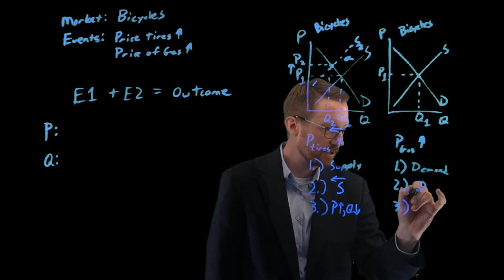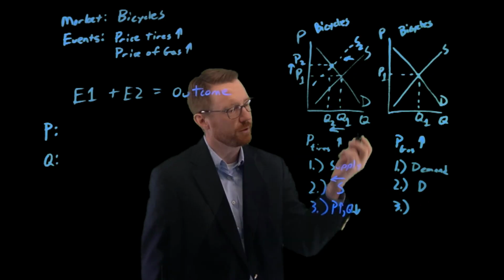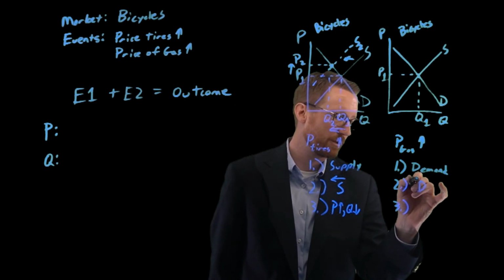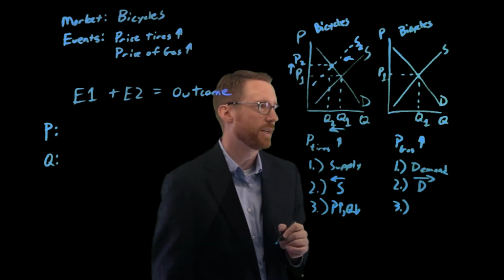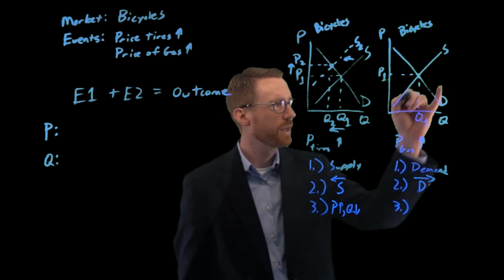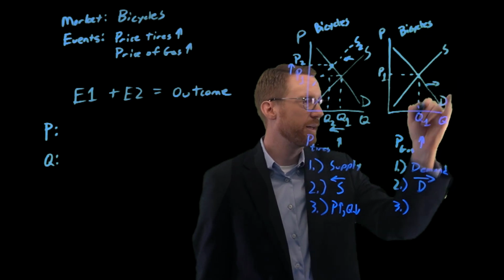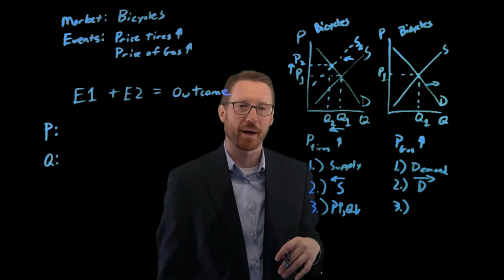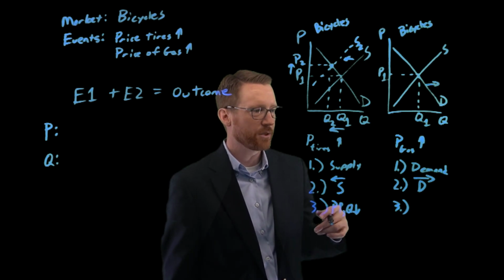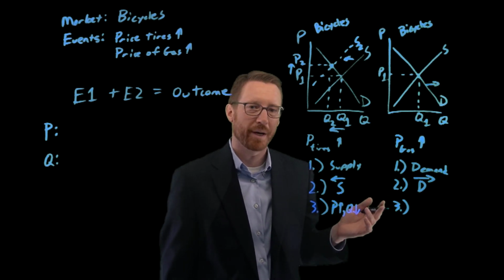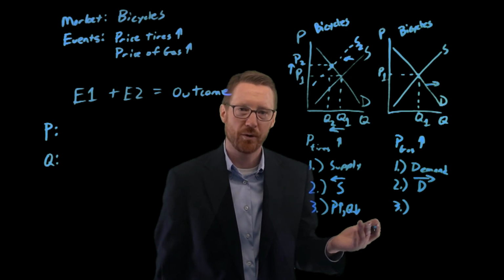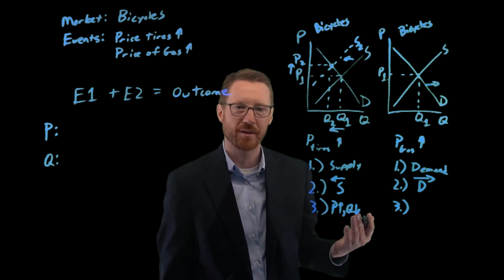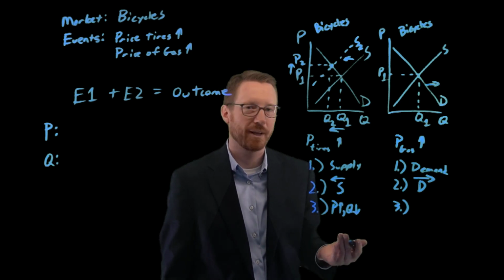All right, what happens to the demand for bicycles? Well, if the price of gas goes up, more people are going to want to buy bicycles, so demand is going to increase. It's going to shift to the right. So demand is increasing. At every price of bicycles, people are going to want to buy more of them. If the price of gasoline goes up, more people are going to want to buy inexpensive bicycles to commute as an alternative to driving their car. More people are going to want to buy expensive bicycles as alternative entertainment.